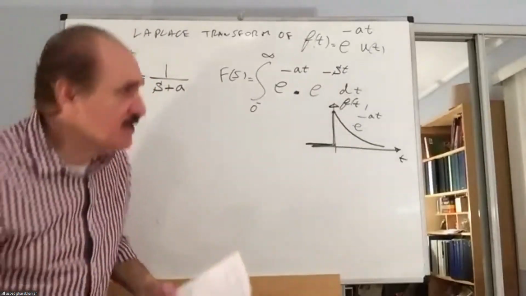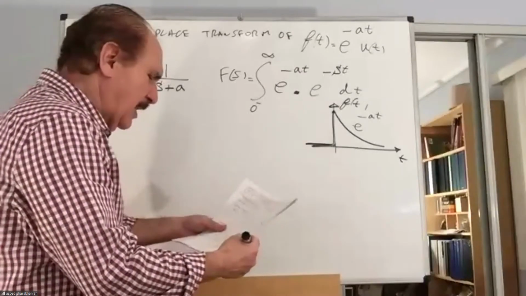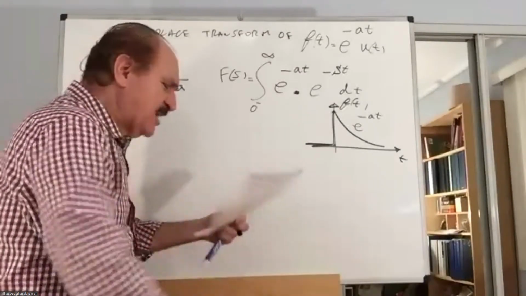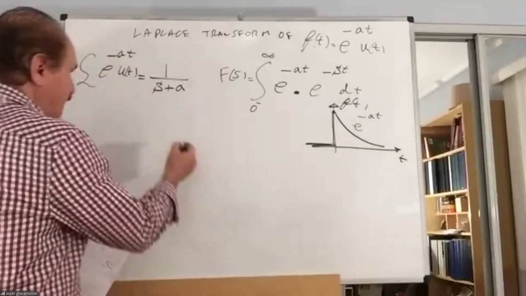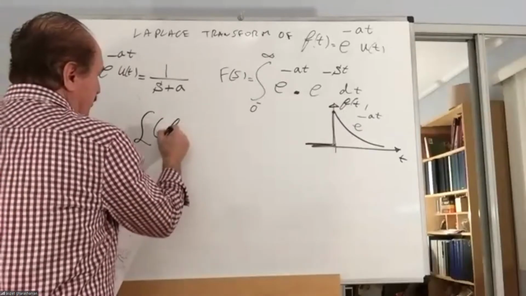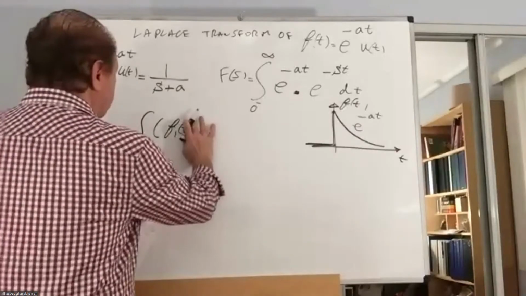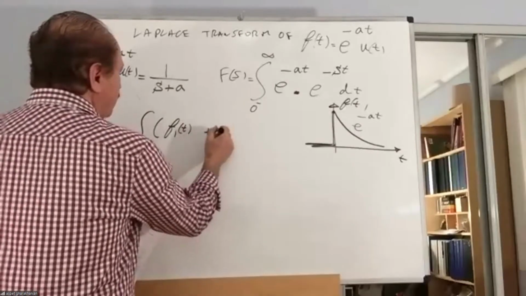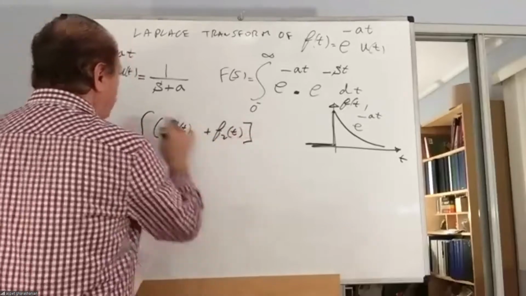Okay, let's take a look at the Laplace transform of a composite function. Now, this is one of the properties. Laplace transform of two functions, f1 of t combined with f2 of t. I'll put them in brackets.